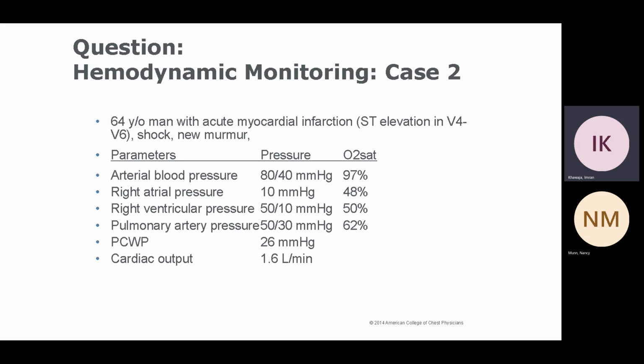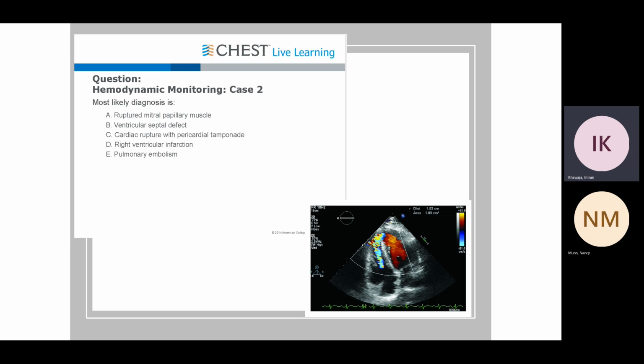So you get a high wedge, high RV, high pulmonary arterial pressure. The RV pressure is more than the right atrial pressure, so there is maybe some shunting. You see a step up in the saturation.